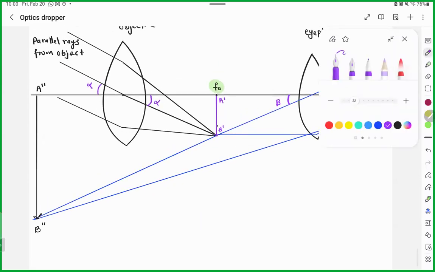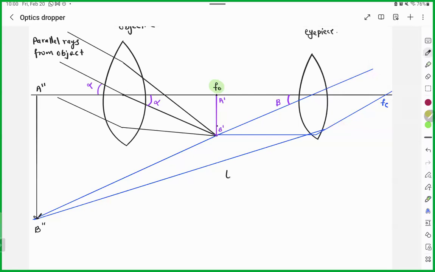Next, because you need to calculate magnification, your tan alpha will be equal to A dash B dash divided by focal length, and your tan beta will be equal to A dash B dash divided by what is the distance? It will be UE. See, this is UE, this is focal length.